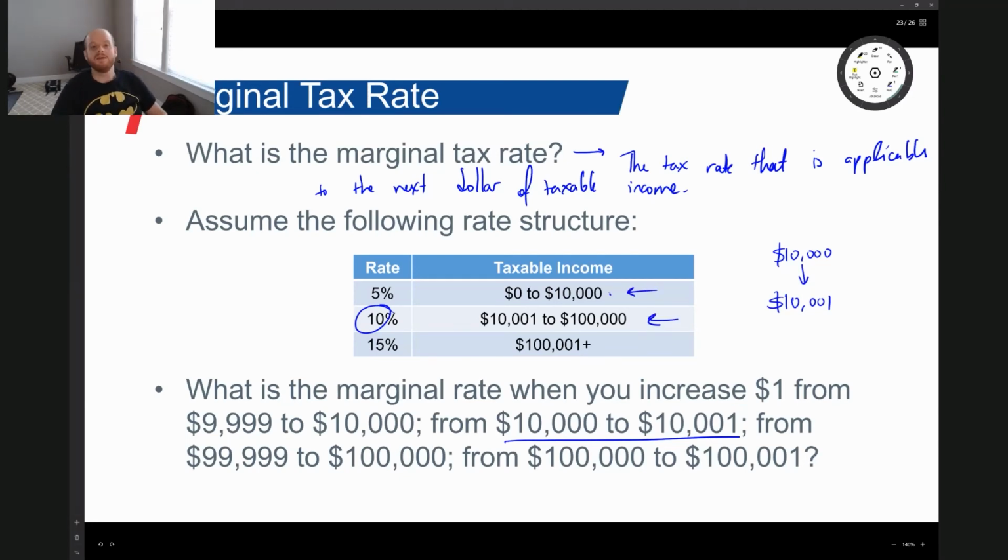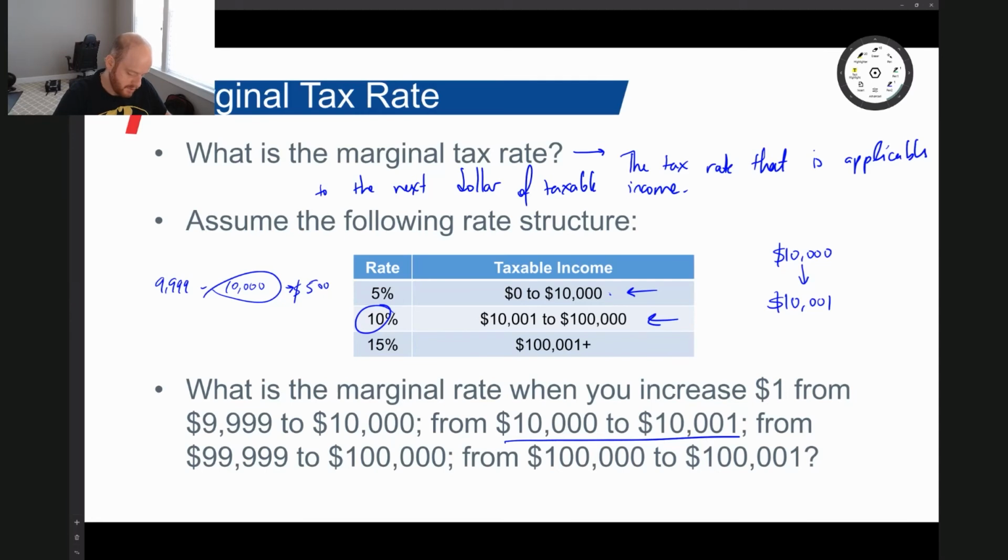I mean, the amount of increase in your actual tax will be negligible, because when you go from 9,999 to 10,000, the entirety of your income is going to be taxed at 5%. So you are going to be paying $500 of tax.